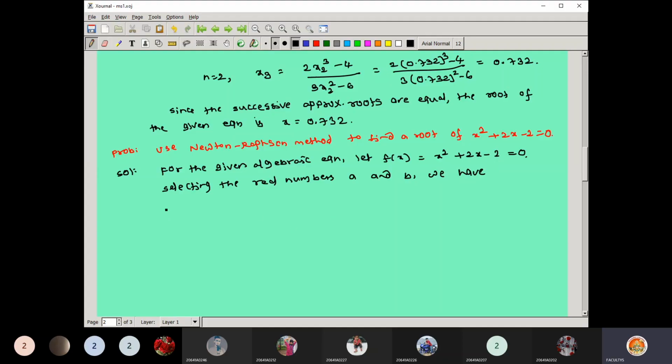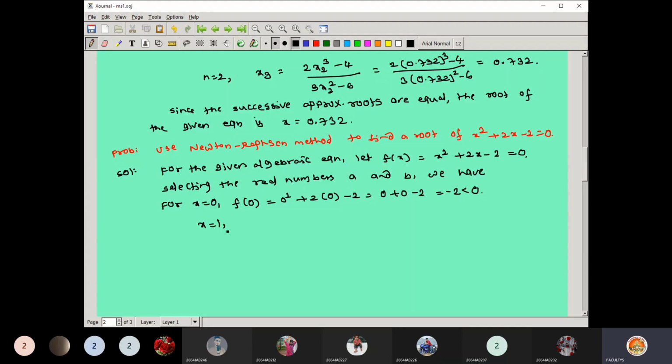So we have, just you write down x equal to 0 in your given expression. F of 0 means 0 square plus 2 into 0 minus 2, which is 0 plus 0 minus 2. You are getting minus 2, that is less than 0.